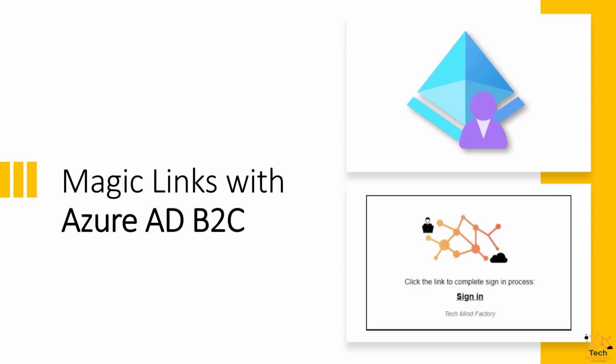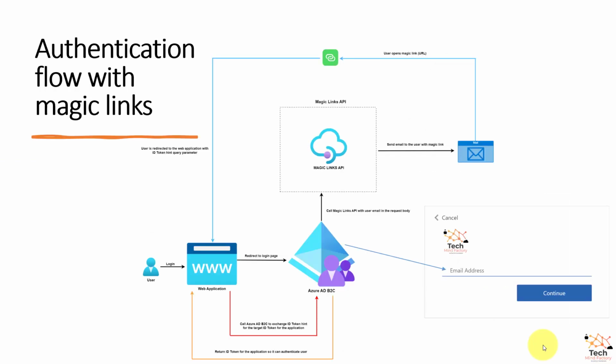Okay, perfect. So let's talk a little bit more about magic links with Azure AD B2C. This is the diagram that shows the flow. Let's describe it so we are on the same page. As always, there is a web application and the user clicks the login button.